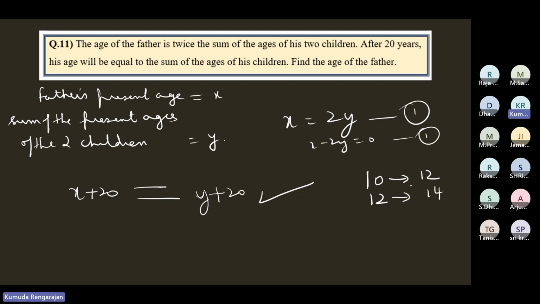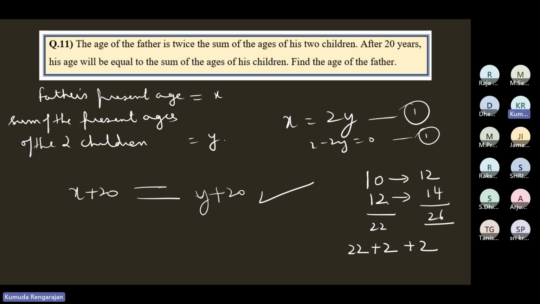Each of their ages will increase by 2 years. So 12 and 14. What is the sum? 26. The present age sum is 22. So 22 plus 2 years for one sibling plus 2 years for the other sibling. After 2 years, each of them will grow older by 2 years.